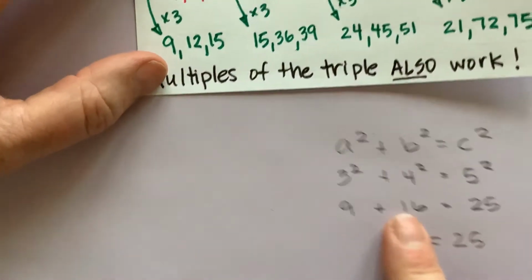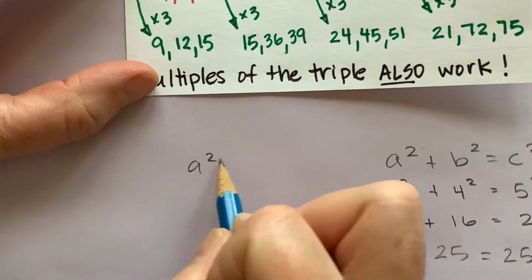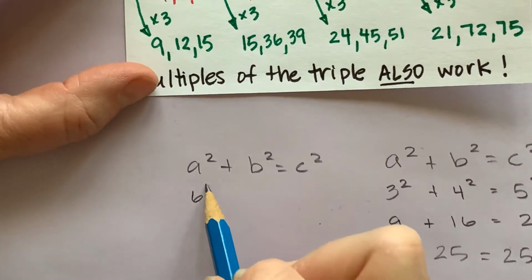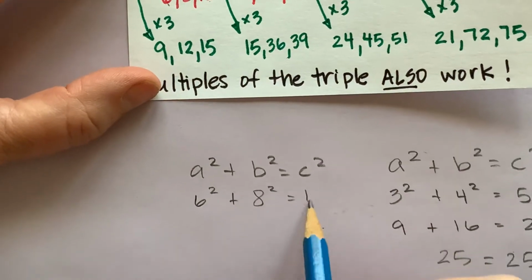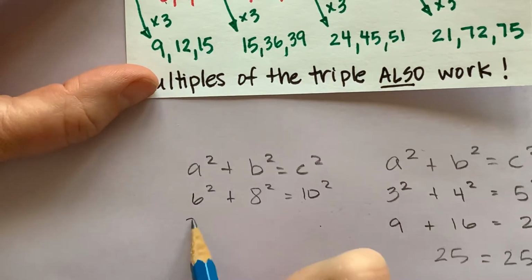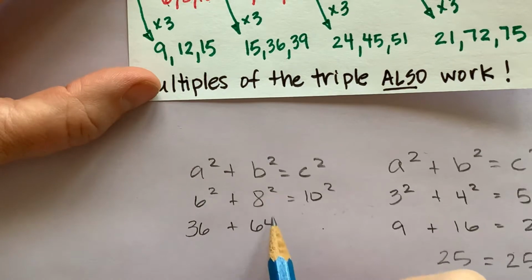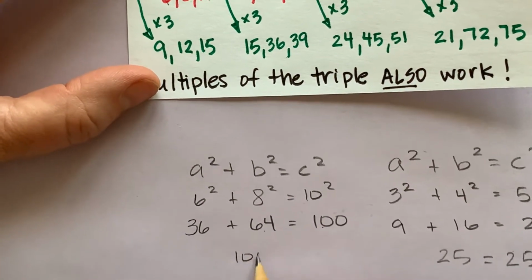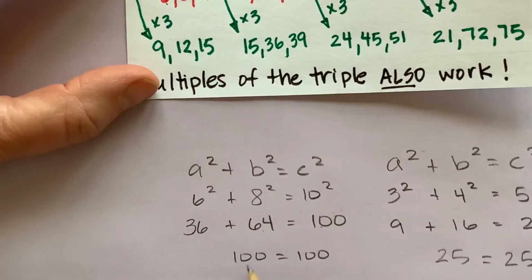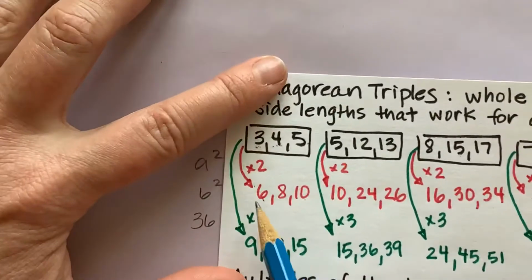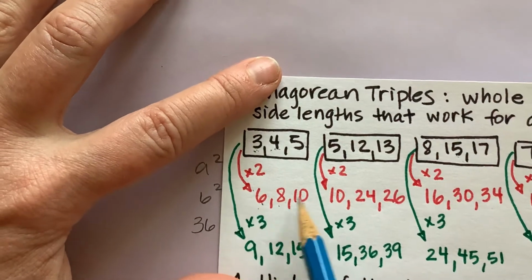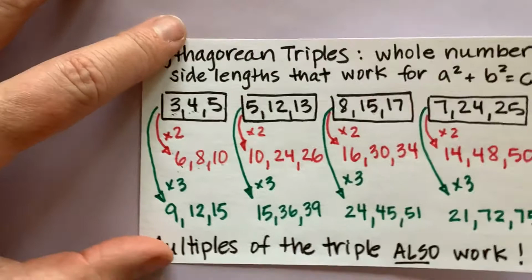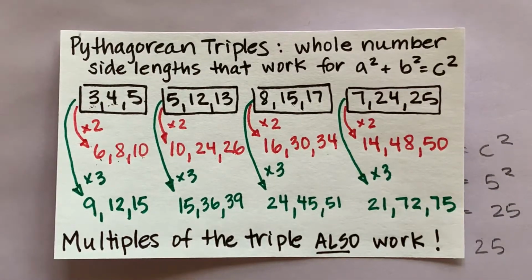And when I plug them in, A squared plus B squared equals C squared, I'm going to plug in 6, 8, and 10. And you're going to notice that we get 36 plus 64 equals 100. And 36 and 64 is 100. So if you can recognize that 6, 8, and 10 are a multiple of 3, 4, and 5, then you can use that to solve your Pythagorean theorem problem.